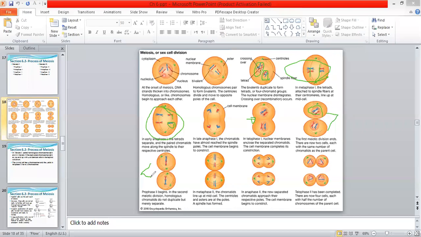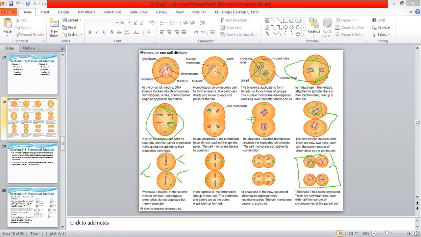The two new cells contain, for example in this figure, two chromosomes, and they will end with two, but each cell will divide into two. So the total number of cells produced at the end will be 4.